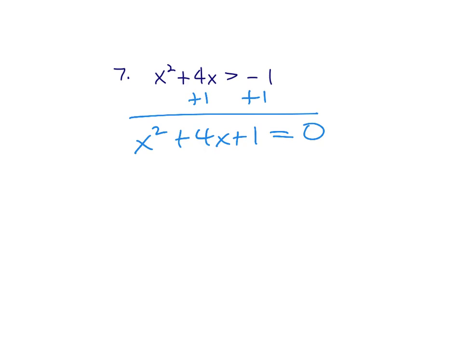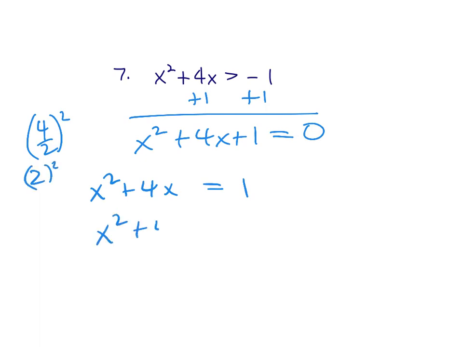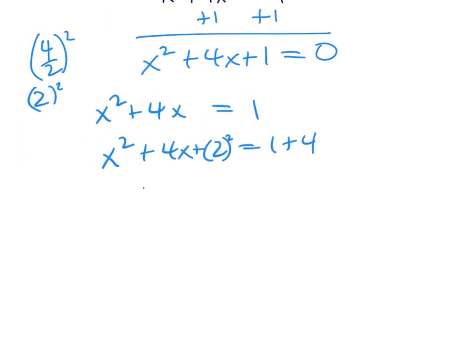So again, remember, for completing the square, we move the constant. We take the b term, divide it by 2, and square it. So what we're adding to both sides is 2 squared, which is 4.